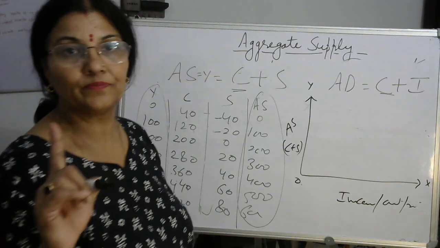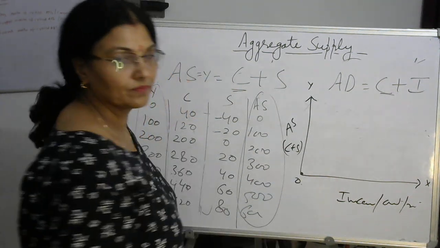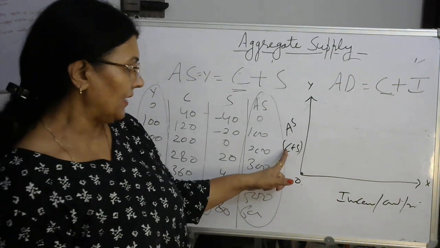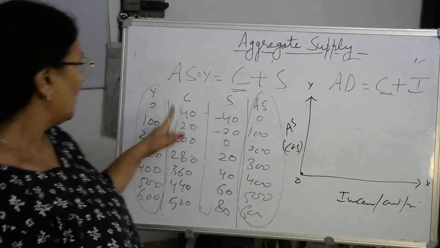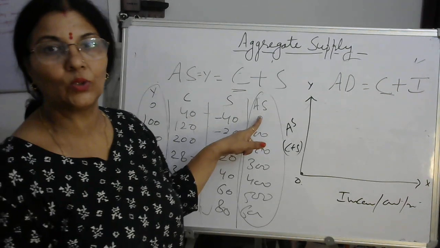First feature of AS: it starts from the origin. Because at zero level of income, if we add consumption and saving, we get the value 0. 40 plus minus 40 is equal to 0.